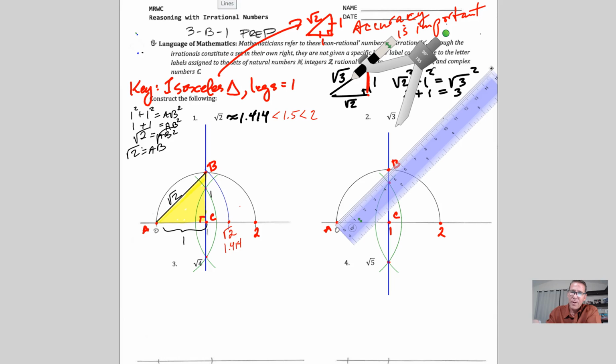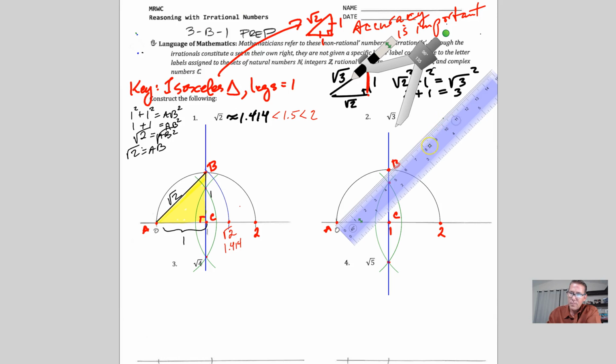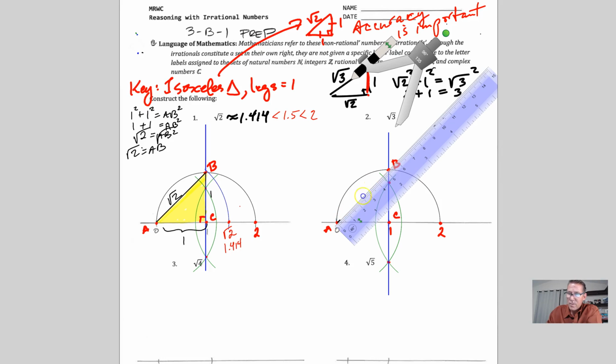Okay, now be accurate. I had to readjust here because I have to be accurate. Because if you're not accurate on this step, if you mess up on the root of 2, well, guess what? Everything else is going to be wrong or not accurate, one of the two.